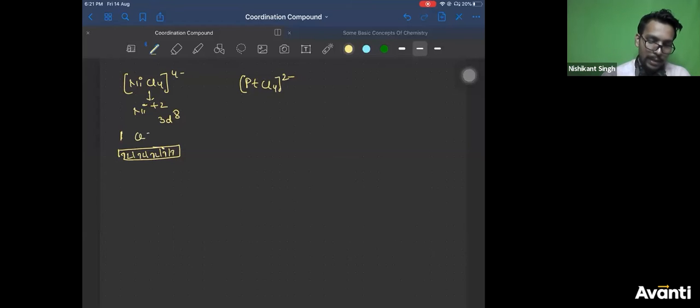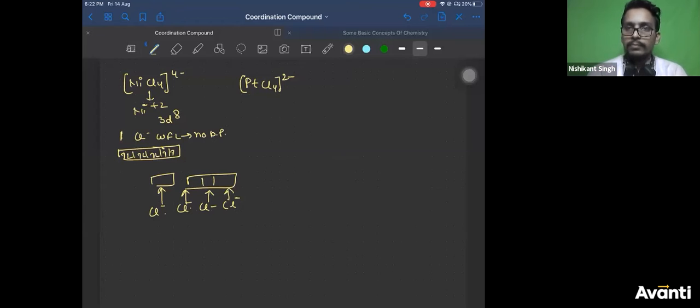We said Cl- is a weak field ligand, so no back pairing takes place. So 4s is empty, 4p is empty. So Cl- will donate lone pair here. This is according to VBT I am explaining. So remember, delta O is the same as back pairing. Delta O more means back pairing is more. For solving questions, it is important. So hybridization was sp3, it was tetrahedral.